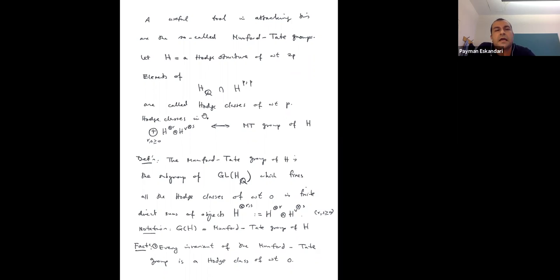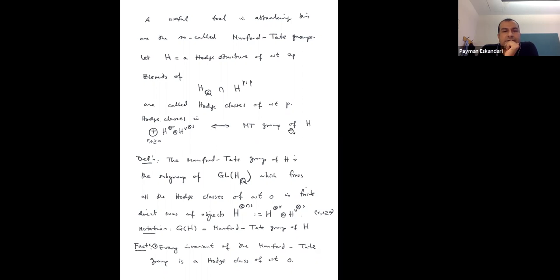The nice thing about the Mumford-Tate group of H is that it characterizes all the Hodge classes in the tensor powers of H with its dual. Look at the direct sum of these things, and Hodge classes in it are captured exactly by this Mumford-Tate group.